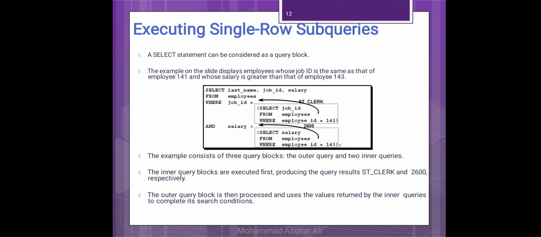The outer query block is then processed and uses the values returned by the inner queries to complete its search conditions. So first it displays the last name, job ID, salary where job ID equals that of employee 141 and salary is greater than that of employee 143.